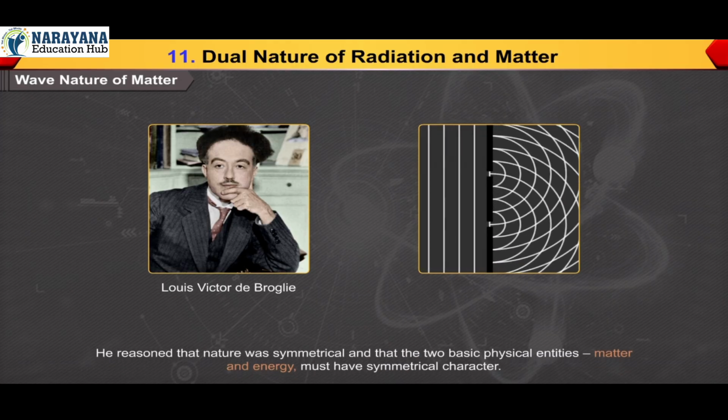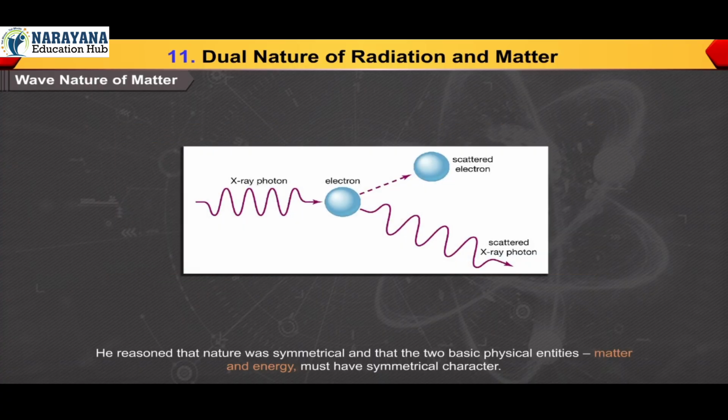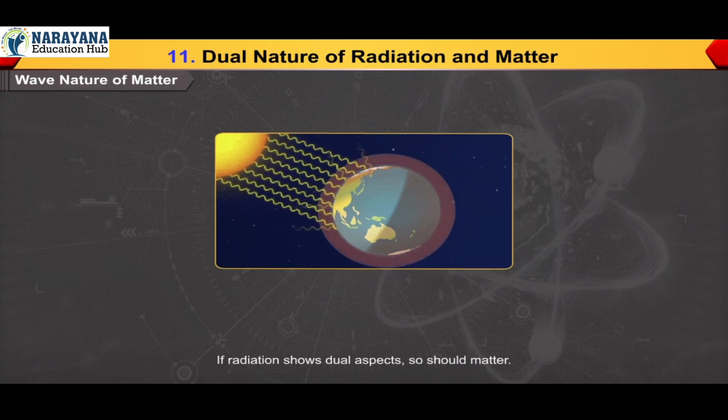He reasoned that nature was symmetrical and that the two basic physical entities, matter and energy, must have symmetrical character. If radiation shows dual aspects, so should matter.